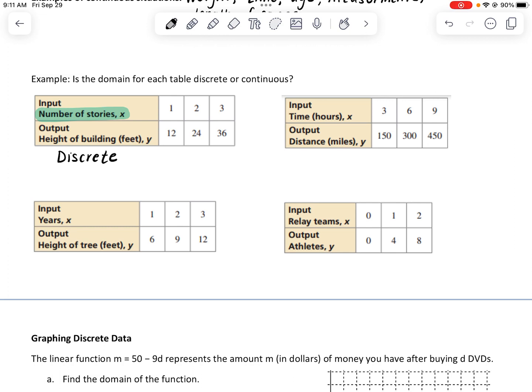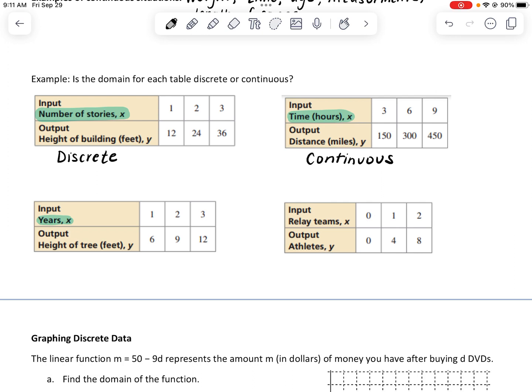Boom. Okay. Looking at the next one, again, we're looking at the X value. It's the time, and we actually gave this as an example. If you're talking about time, time is always continuous. All right, years, the number of years and the height of a tree. Can years be continuous? Can you be 1.5 years old?